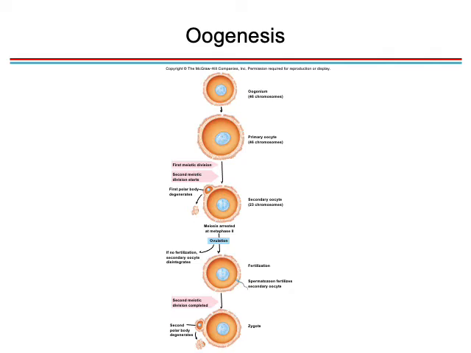Now meiosis is arrested. The secondary oocyte, which is now being produced, goes through the process that we'll talk about in the next set of slides, which is the menstrual cycle, and gets ready for ovulation, or the removal of it from the follicle into the fallopian tube.